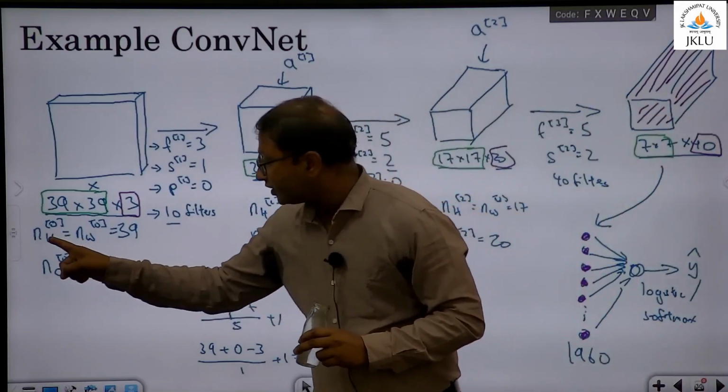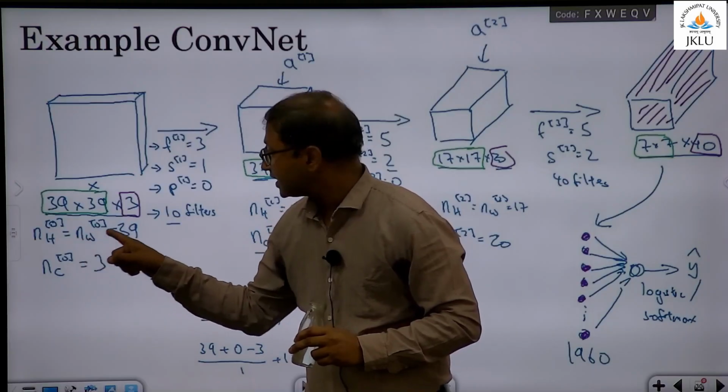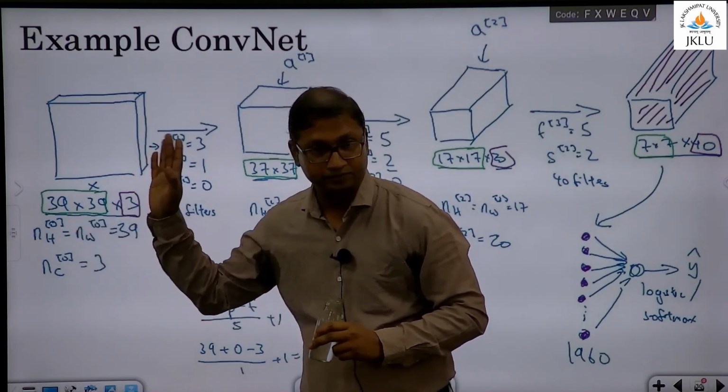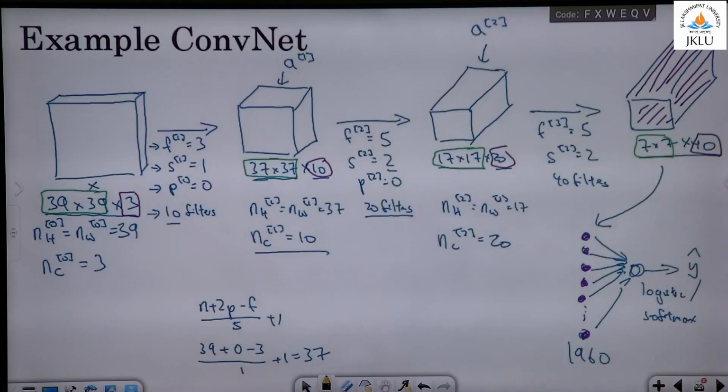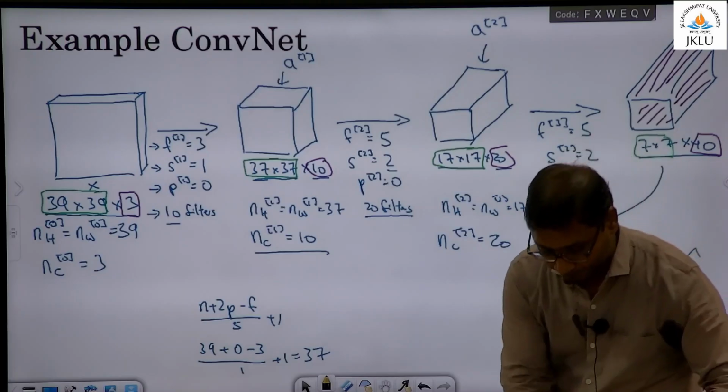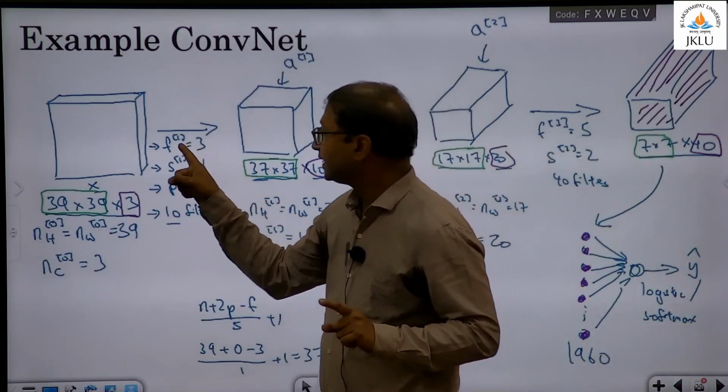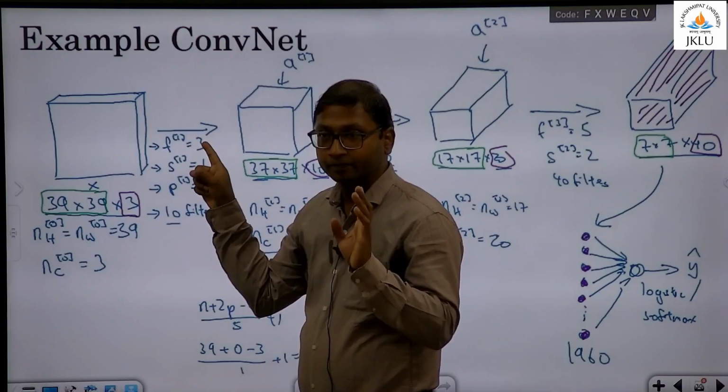You can also have different height and different width. In this case it is just 39. Okay. Yes. So see, filter here is, so F1 is 3, right?